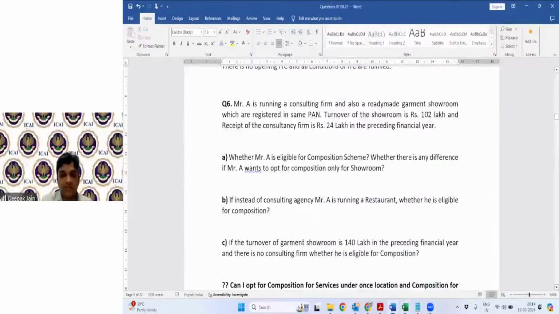In question number C, if the turnover of the garment showroom is 140 lakhs in the preceding financial year and there is no consultancy firm, then is he eligible for composition?